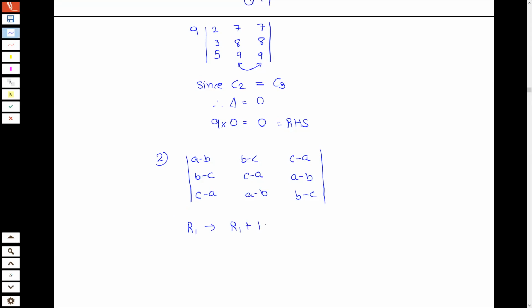So I will write like this कि row number 1 will change to row number 1 plus 1 time of row number 2 plus 1 time of row number 3. ऐसा भी कर सकते हो. It is not necessary कि एक ही रो का ऐड करना है.